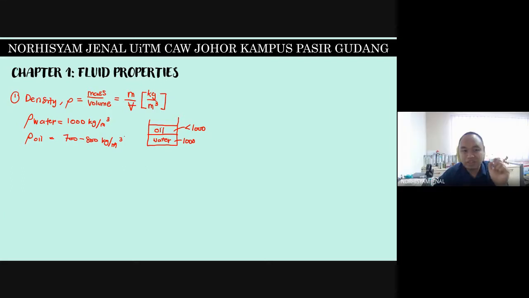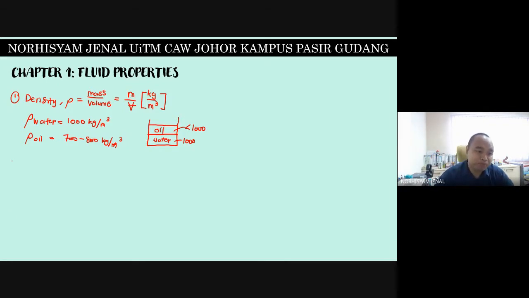So in case you have multiple fluids and you do not know what is the number for the density, you just have to do this experiment. Just put them inside the same place like this, okay? And then you will have a different condition where some fluid will be on top of the others. And then you just have to know which fluid is that, and you will know which one has a lower or higher density. Simple, that one.